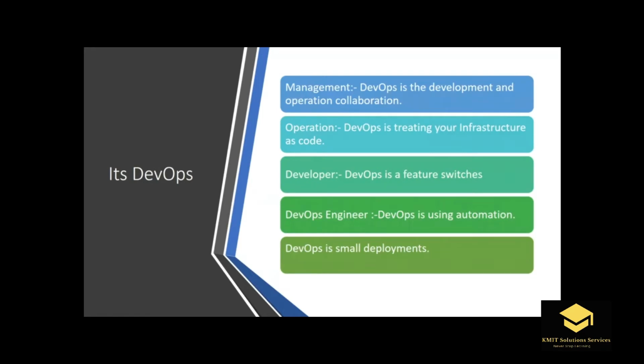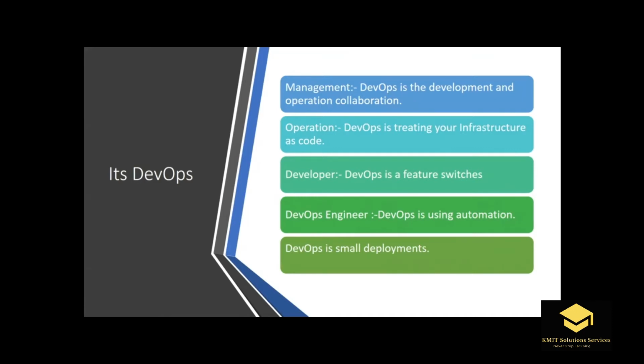When we say DevOps, what is DevOps for the different teams in IT? For example, from the management point of view, DevOps is development and operation collaboration. From the operation point of view, it is treating your infrastructure as code, where we are developing infrastructure with code, in the sense that we are writing configuration management code.